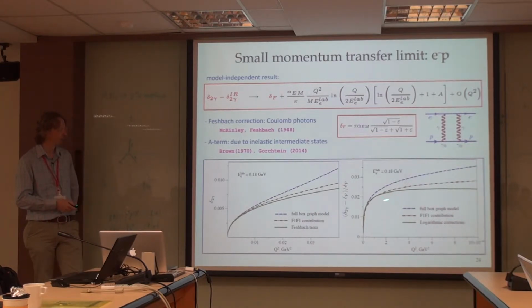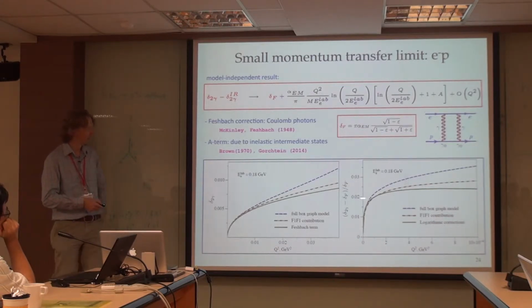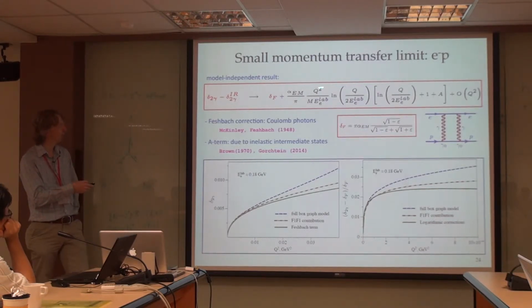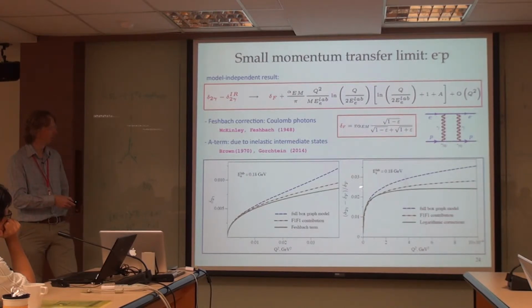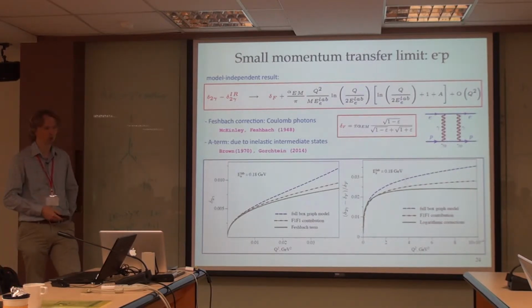And what is shown here is just the same presentation as on the left, but relative to this green curve, the Feshbach curve. So what it means is that the effect of all these terms here, which go beyond the Coulomb corrections, is something like 3% on top of this, depending which corrections you are taking, 3 to 4%.